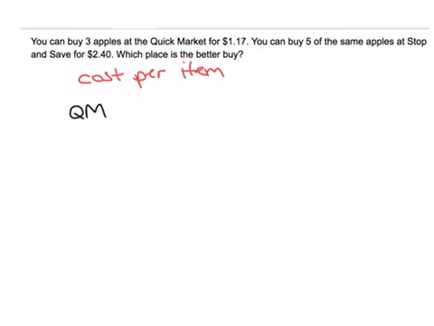So over here I'm going to do my calculation. In order to figure out the cost per item, remember if we set this up as a fraction, that's 117 over 3. Basically, we're dividing to figure out what the cost is for each individual apple. Remember that a fraction bar, like we see here, is division, okay?